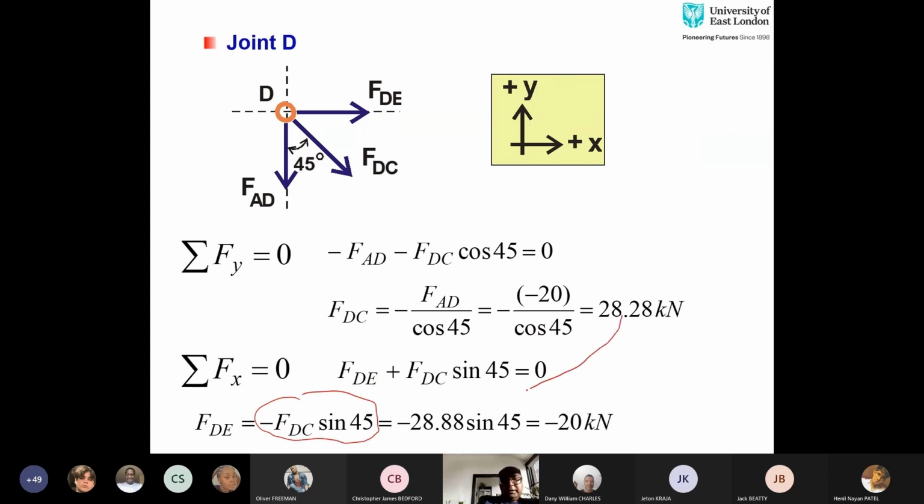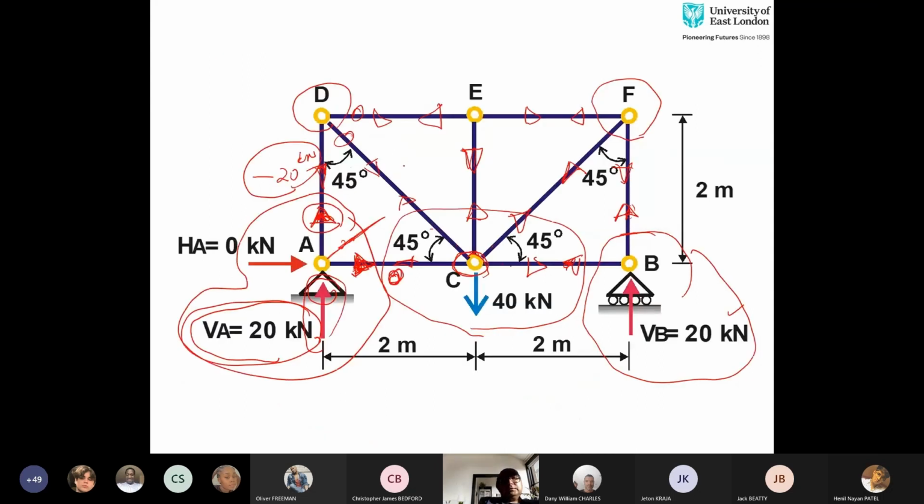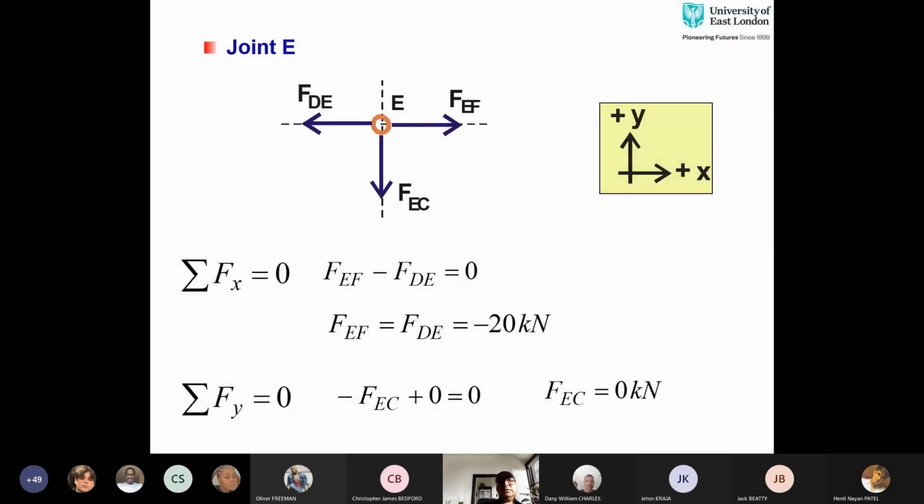Then simply you put the value of FDC here. This will give you the value of FDE. Now FDE is negative 20. So I found out 28.28 and negative 20. Next I will go to joint E, because now I have FDE, which is known.